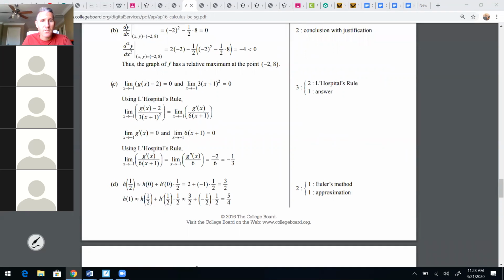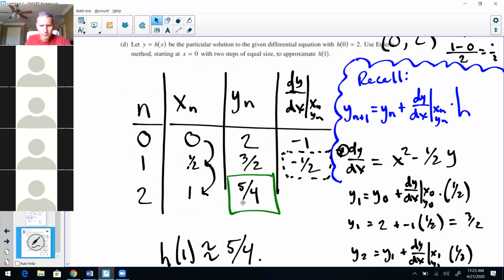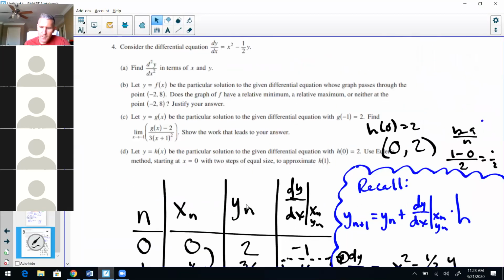Step size. So the step size was... this was my initial x value. So my initial x value was 0. They want me to approximate 1. So this is like your A value, and that's like your B value, okay? They tell us that 2 steps, this is n equals 2.